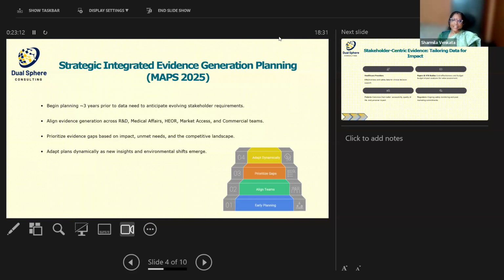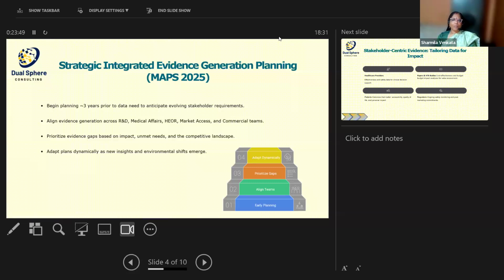So, planning ahead is about looking into the future, anticipating upcoming market launches, competitor activity, payer expectations, and regulatory trends. Next, it gives us time to design robust studies, secure the right data sources, and ensure that when stakeholders ask questions, we already have the answers, right?